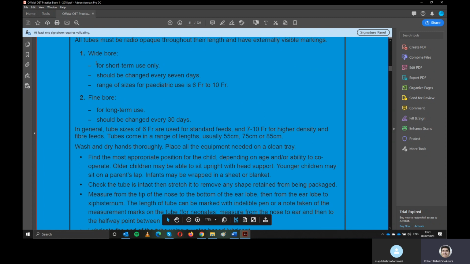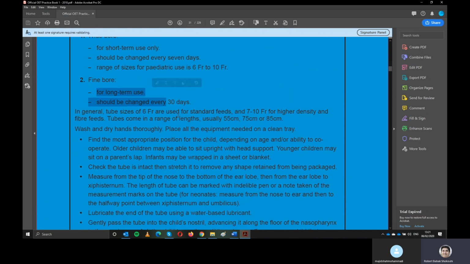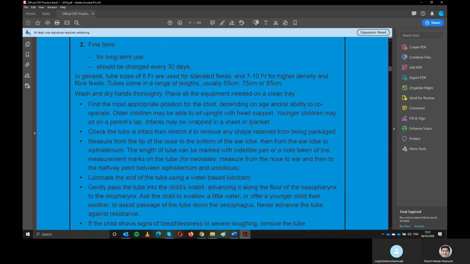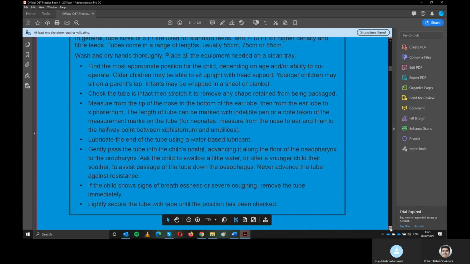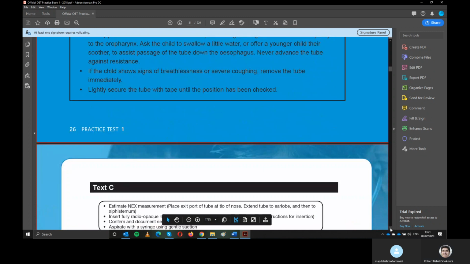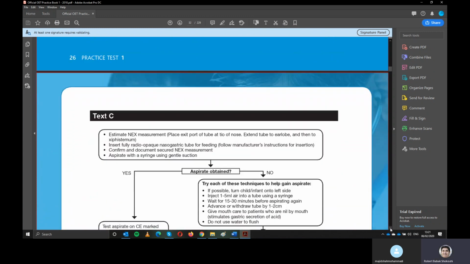So it's for short-term use. Okay, it's for long-term use. Estimate measurement. Okay.